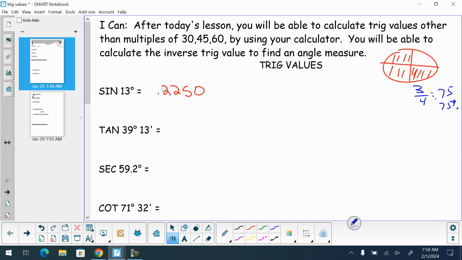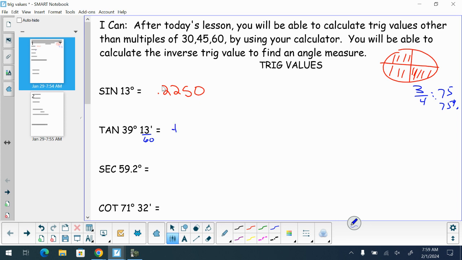When we're talking about minutes, that is parts of a degree. 13 minutes is a part of a degree. What's an entire degree in minutes? 60. So we can talk about this as the part over the entire.